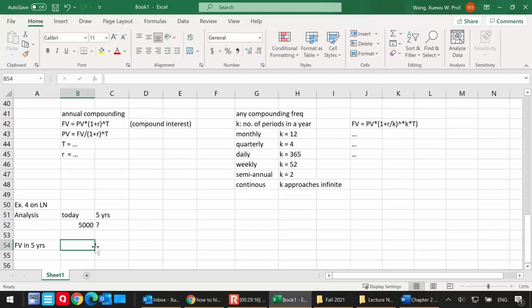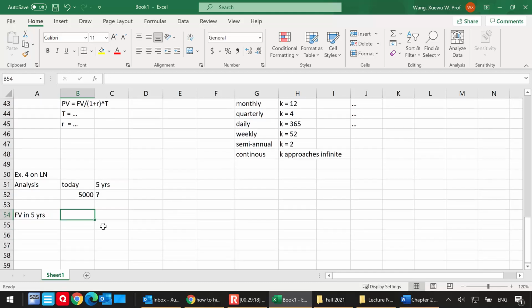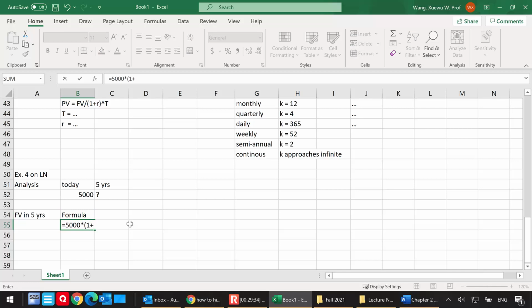So I'm going to use the formula here. Future value is equal to present value, which is 5,000. That is obvious. The 5,000 is the earliest time point, that's the present value, multiplied by 1 plus r. In this case, you're talking about 12%, but this is quarterly compounding, so your k is equal to 4.